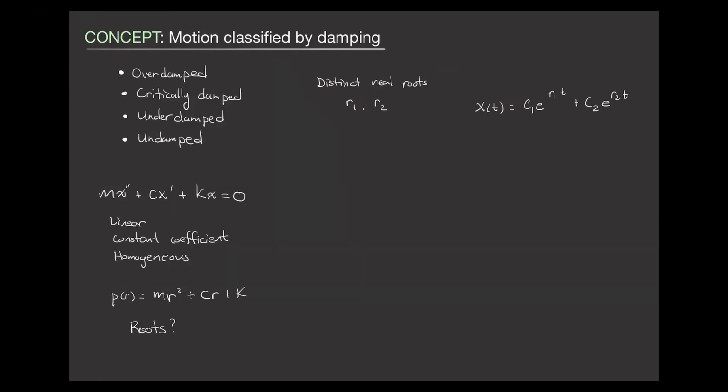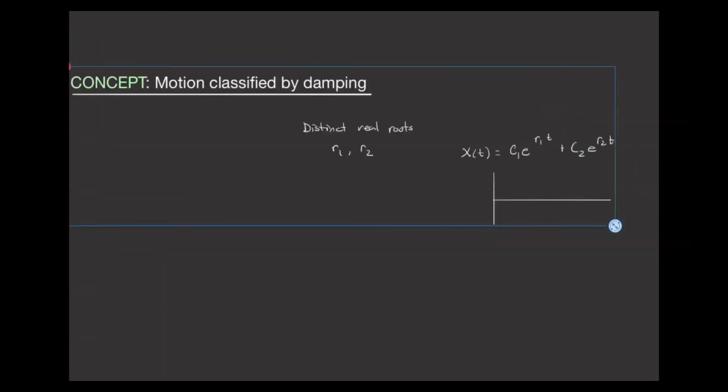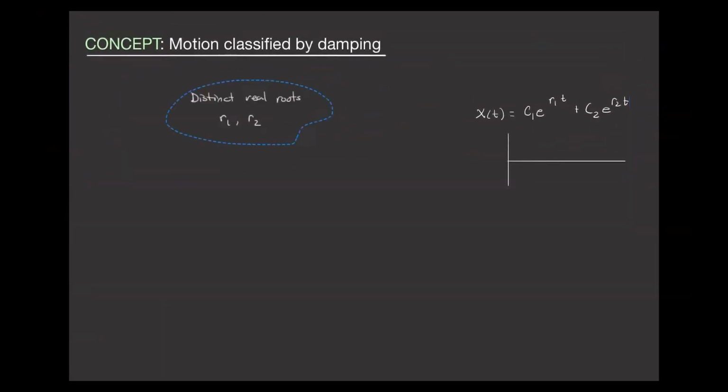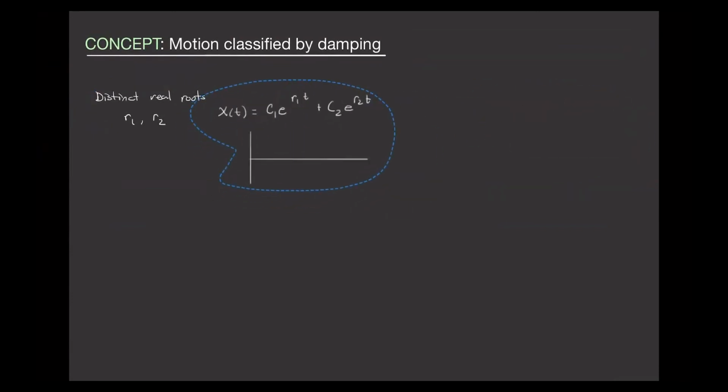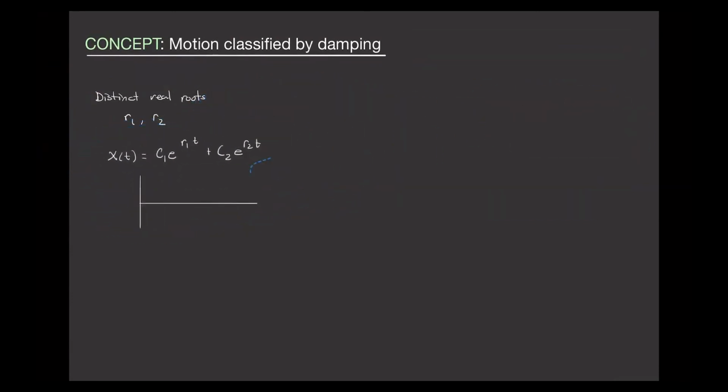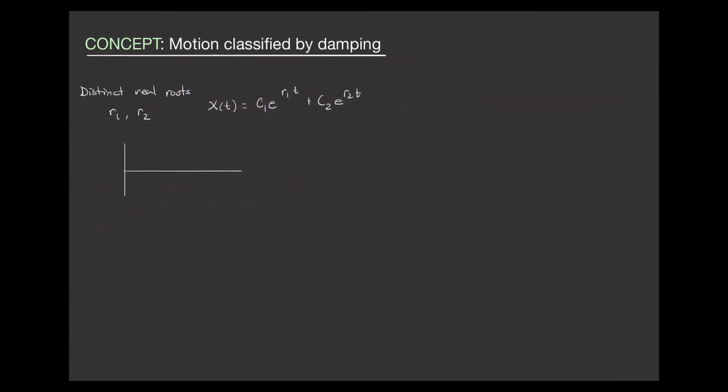If you were to graph such a thing with different values of C1, C2, what you will find in general is it looks like this. Okay, so we have distinct real roots. I'll divide this into quarters here, and I want 4 areas.